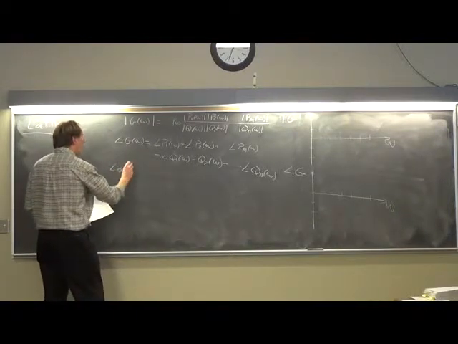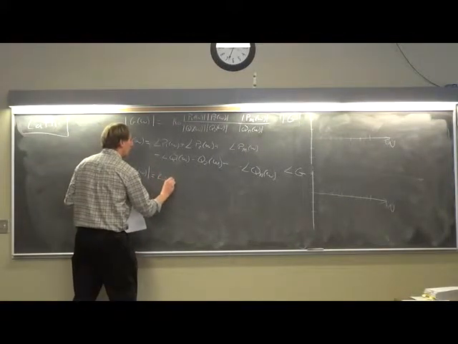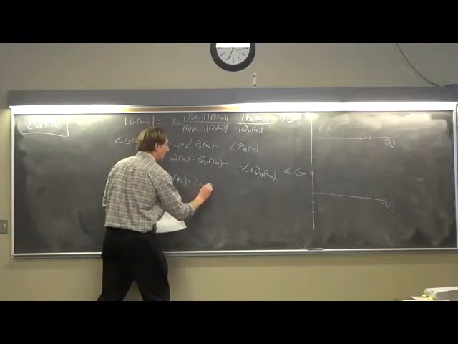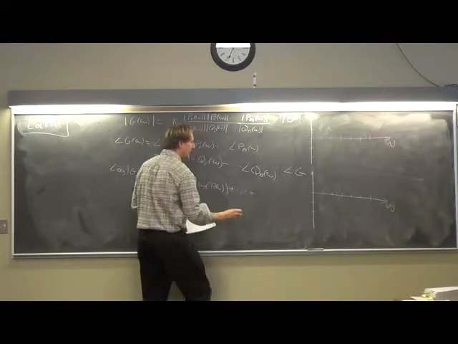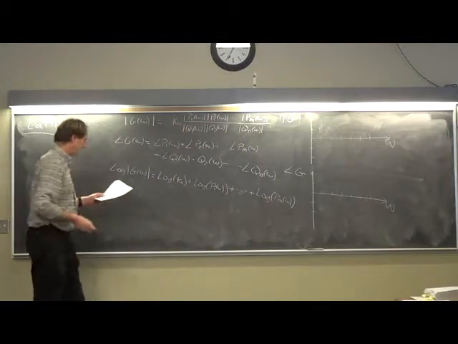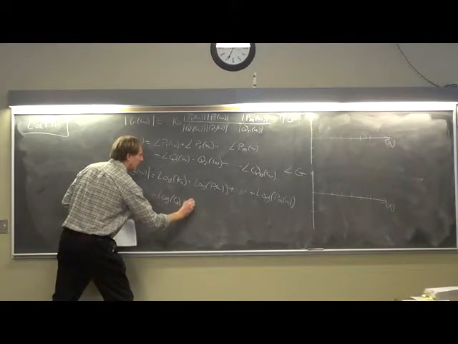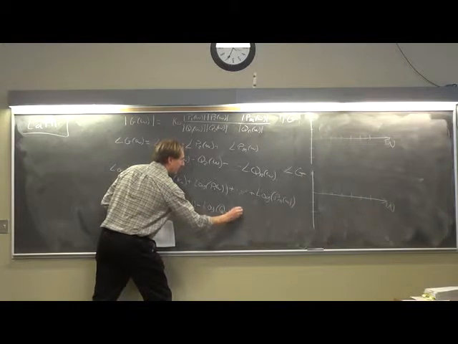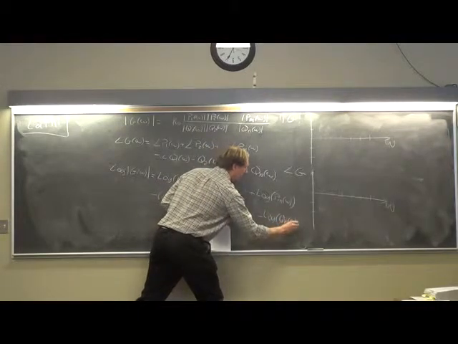So the log of the magnitude of g of omega is equal to the log of k0 plus the log of P1 of omega plus dot, dot, dot, all the way out to the log of Pm of omega, minus the log of Q1 of omega minus the log of Q2 of omega minus dot, dot, dot, all the way out to the log of Qn of omega.